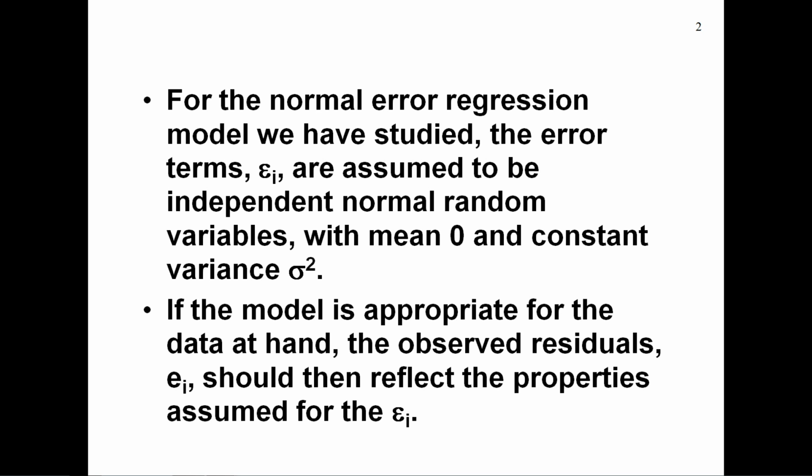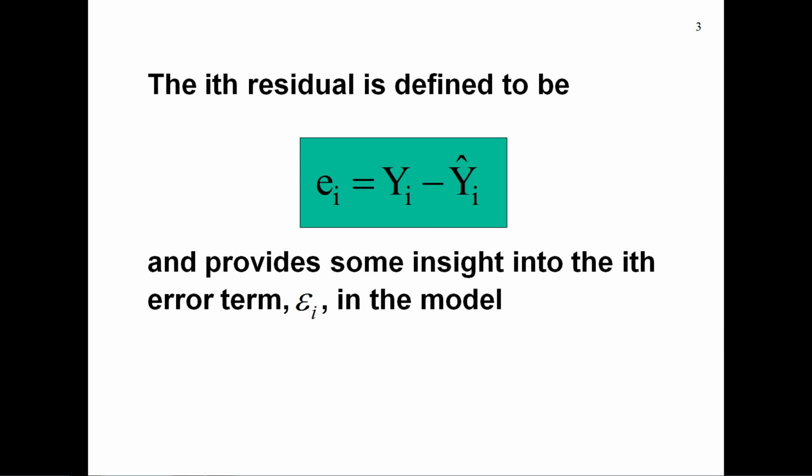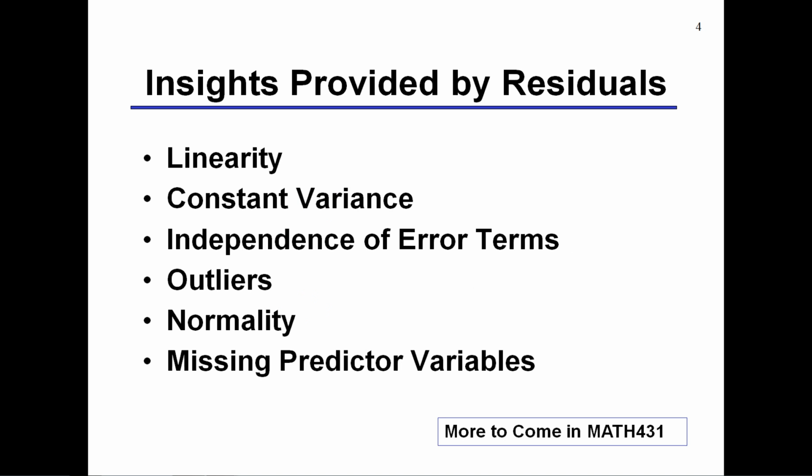But naturally, the residuals, the e sub i, are reasonable placeholders for those epsilon sub i. We might be able to investigate the behavior of the residuals in order to get some sense of the validity of the assumptions regarding the random error terms.